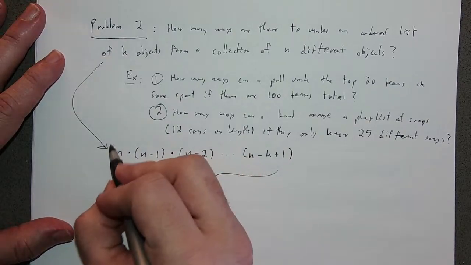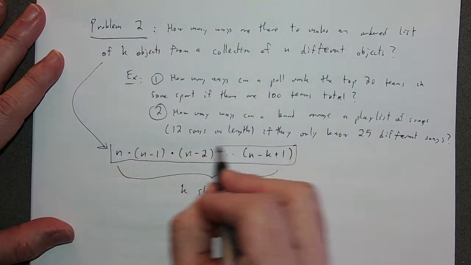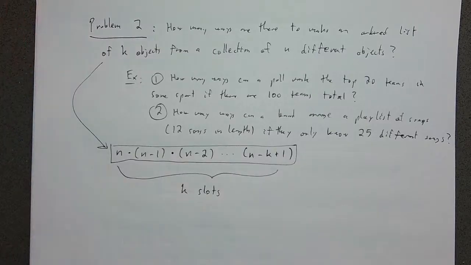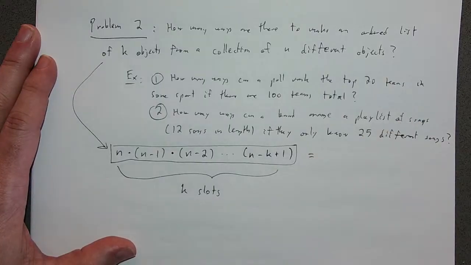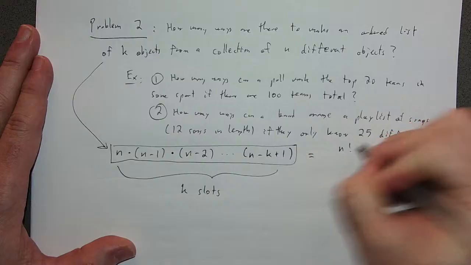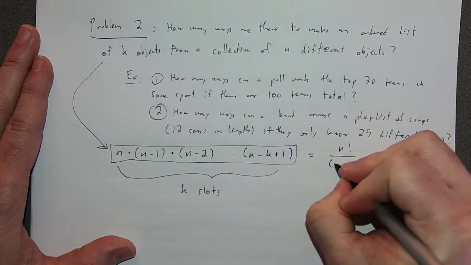So this is the number involved. Now this, you might notice, is actually just n factorial divided by n minus k factorial.